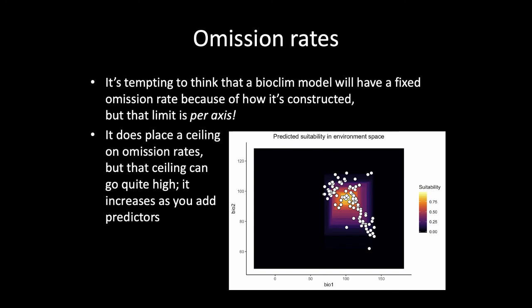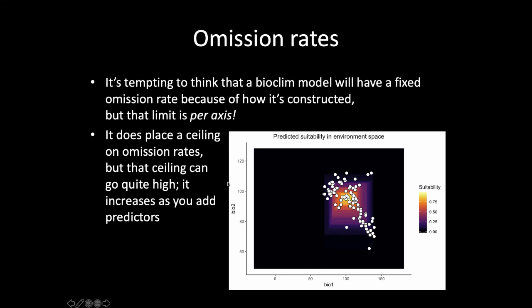So by the time you go up to putting 19 Bioclim variables into a Bioclim model, you could actually have a really, really high omission rate because a lot of those points are going to fall outside of the central 90% on one of those 19 axes, and they only have to fall outside on one of them to essentially be omitted from the model. So low-dimensional Bioclim models tend to have low omission rates. As you add dimensions, they tend to have much higher omission rates. So that's worth keeping in mind.